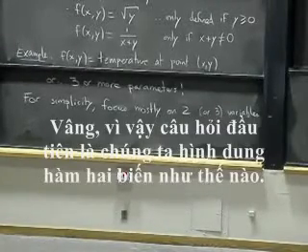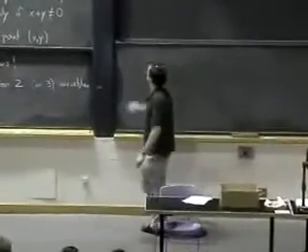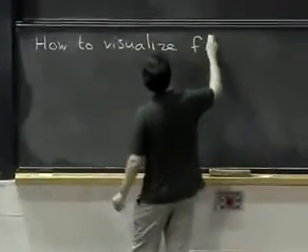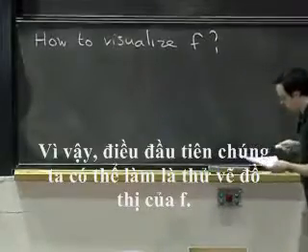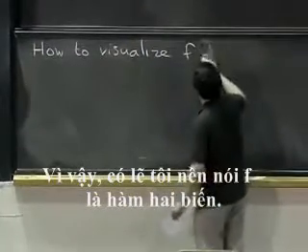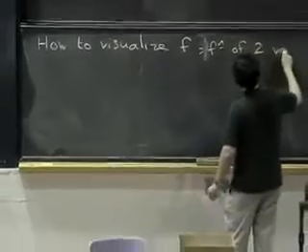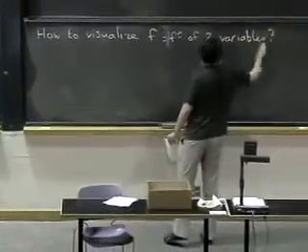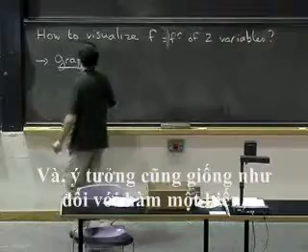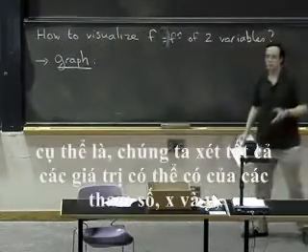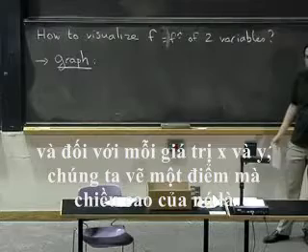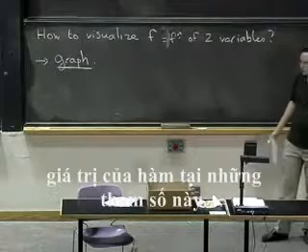Okay, so the first question is, how do we visualize a function of two variables? So the first thing we can do is try to draw the graph of f, which is a function of two variables. So the first answer is we can try to look at its graph, and the idea is the same as with one variable, namely we look at all the possible values of the parameters x and y, and for each of them we plot a point whose height is the value of the function at these parameters.